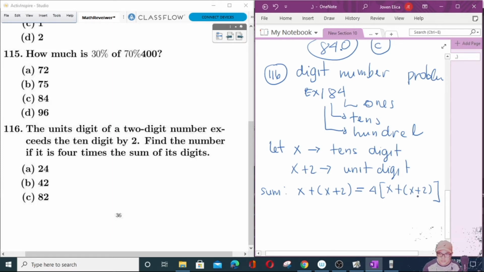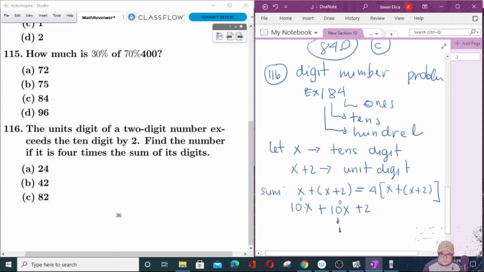So let us write the number: x is the tens digit, so it is x times 10 raised to 1, plus the unit digit, x plus 2, times 10 raised to 0, because this is the unit digit.